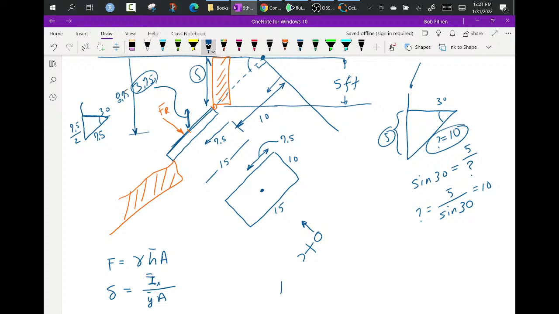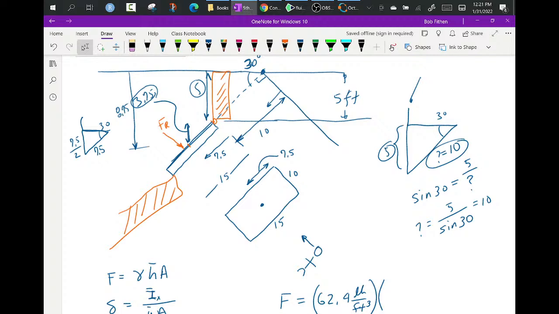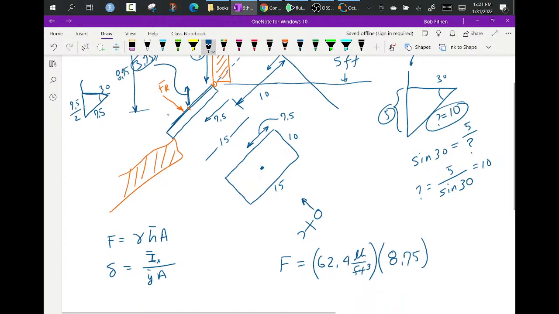Okay, so looking for the force. Let's call it water, 62.4 pounds per cubic foot. h bar, the distance from the top of the water straight down till you touch the centroid of that gate, 8.75, times the area, which was 10 by 15.